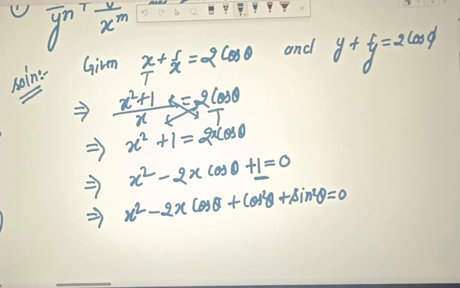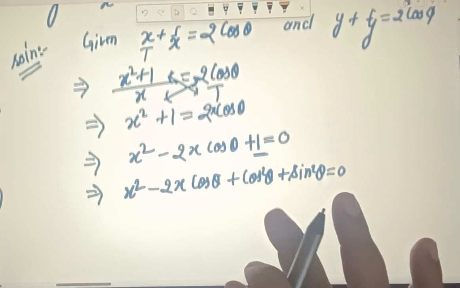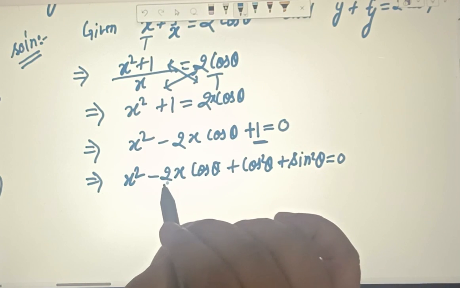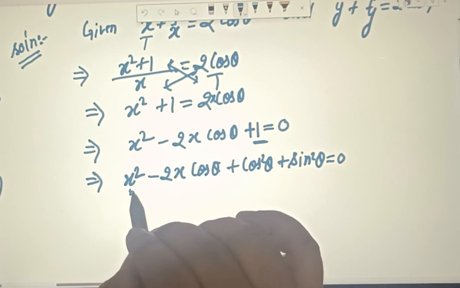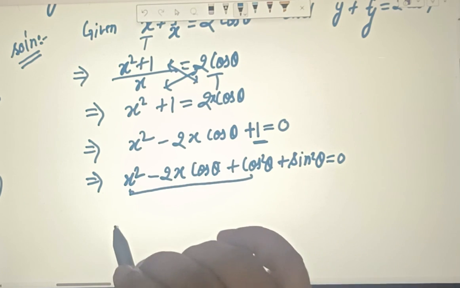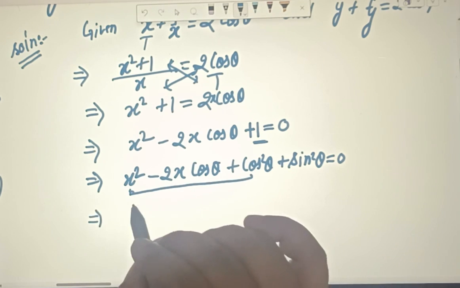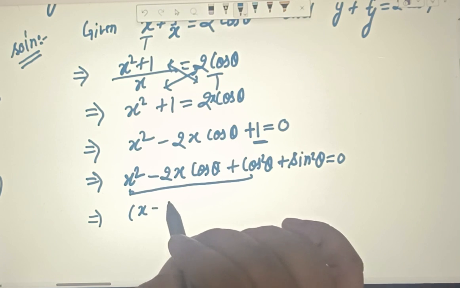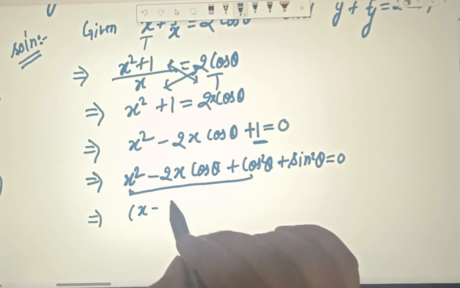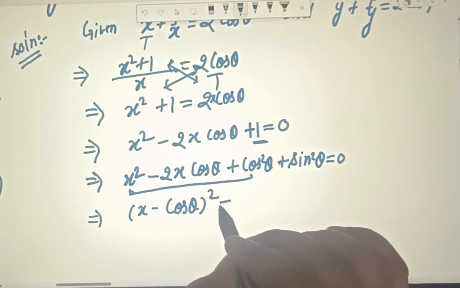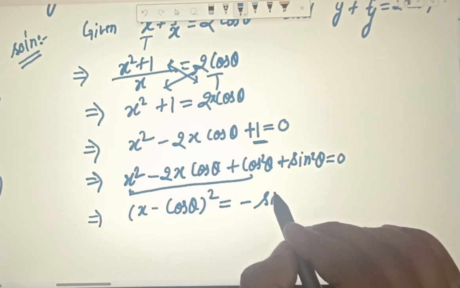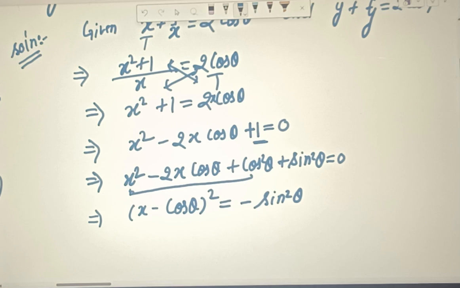In place of 1 we can write cos square theta plus sin square theta, because we have this term minus 2x cos theta, so we will try to make the perfect square of this. So you can write it as x minus cos theta whole square is equal to minus sin square theta. It is very easy to manipulate it.